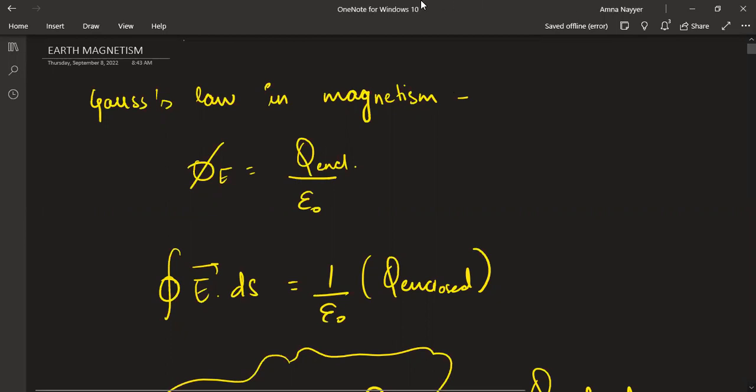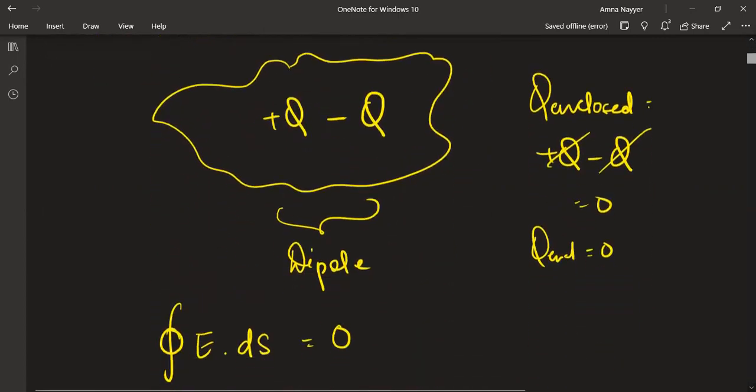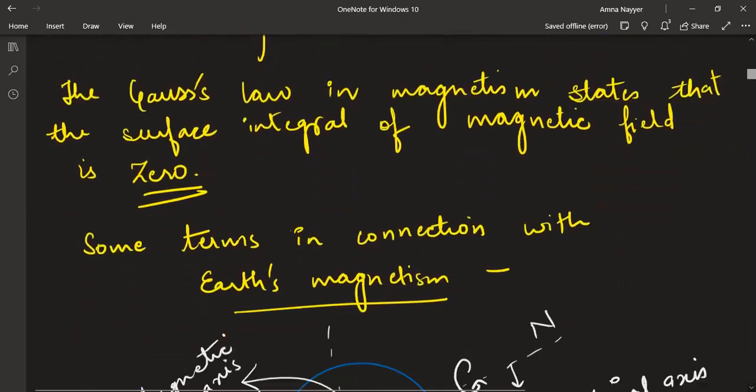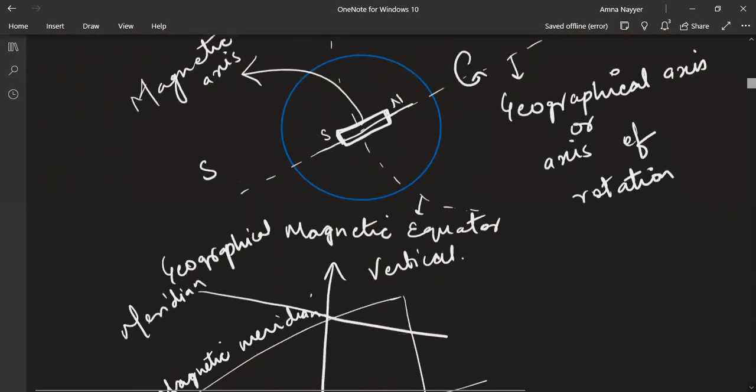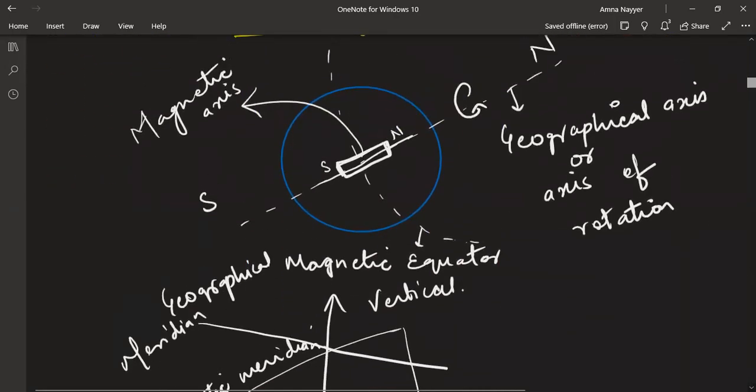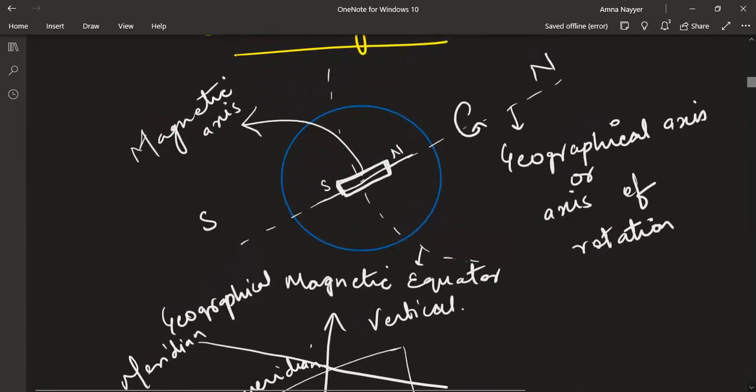The earth magnetism, firstly, you have laws of magnetism, these were the 4 laws. No, we'll start with earth magnetism. Just understand these topics. Rest of the things of earth magnetism are very easy. You have a geographic equator and a magnetic equator. Geographic equator is the actual equator, between the south and north pole.